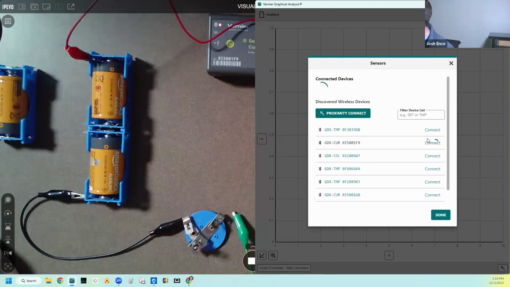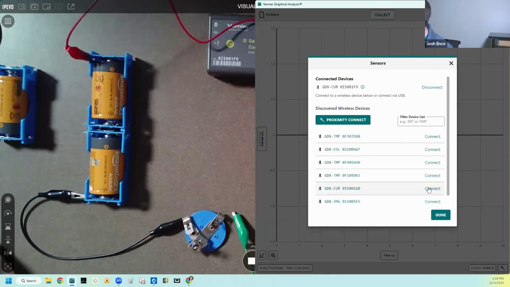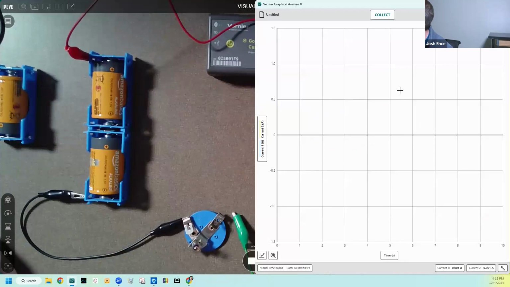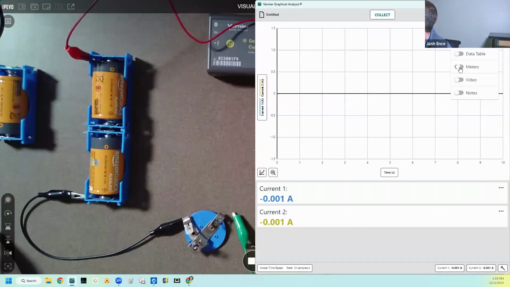So I'll connect to my first one and my second. By default, graphical analysis gives me a graph of current versus time. That's not really useful to me today because I don't expect the current to change real quickly. So what I want to see are the actual current, how much current is flowing.